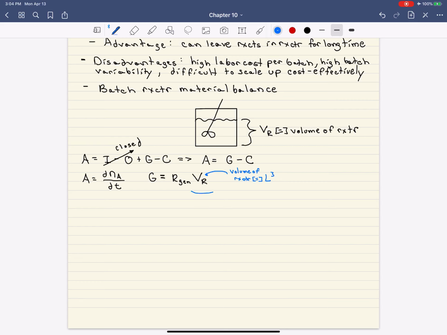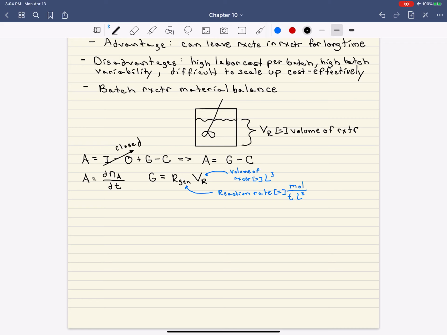And this R term, this is what we call the reaction rate. Okay? And this has dimensions of moles per time per length cubed, such that when we multiply the reaction rate by the volume of the reactor, we end up getting just moles over time, which matches the dimensions of the accumulation term.